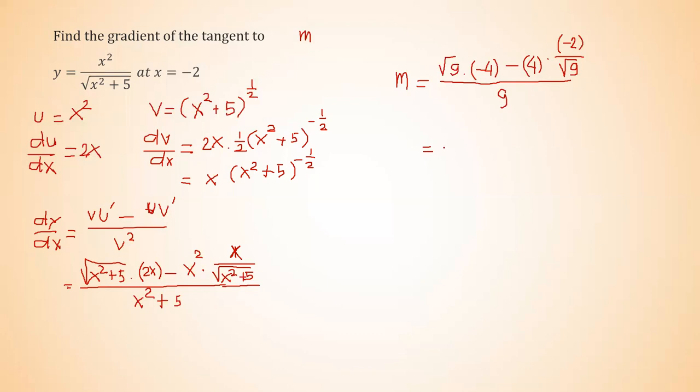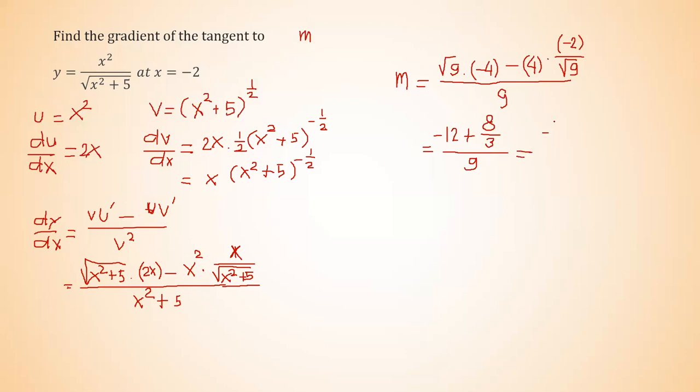It becomes 3 times negative 4, negative 12, and negative 4 times negative 2, plus 8 thirds, like this, over 9.